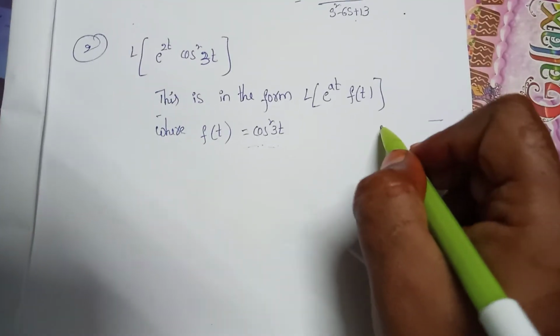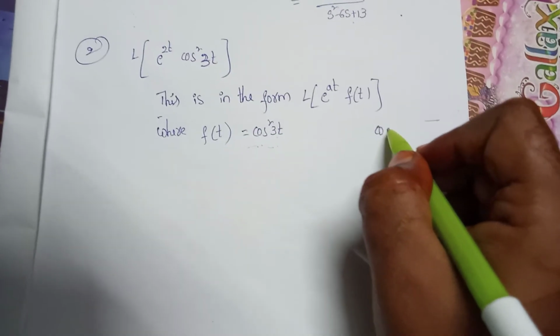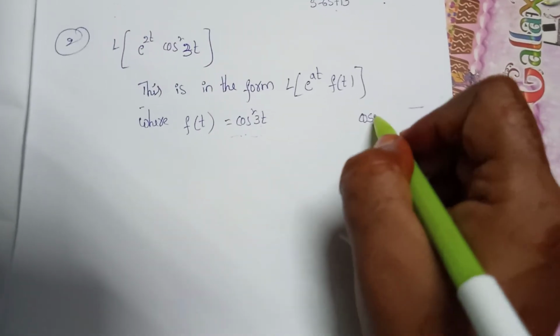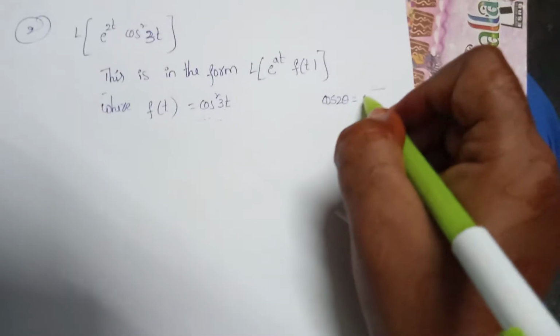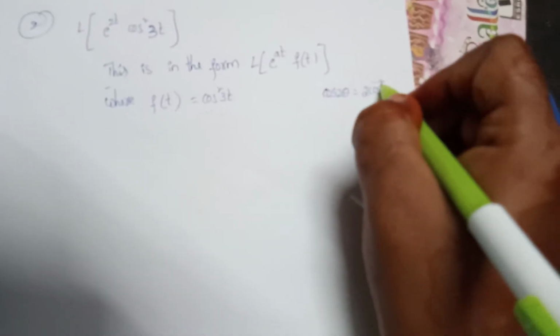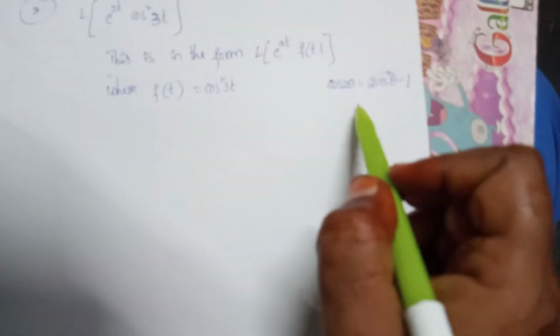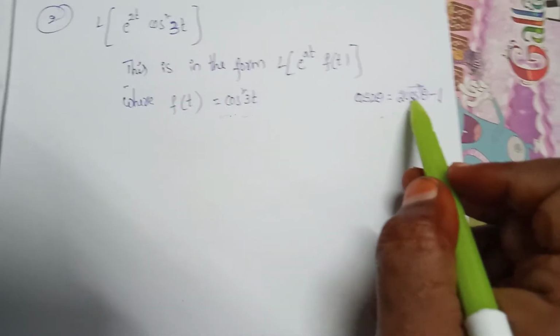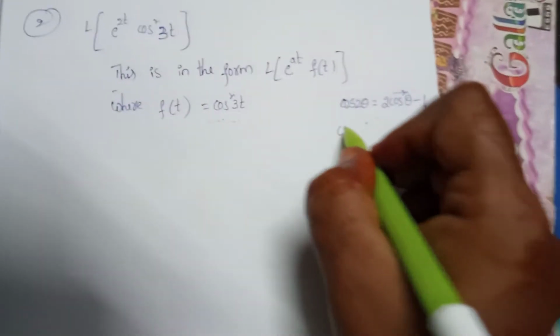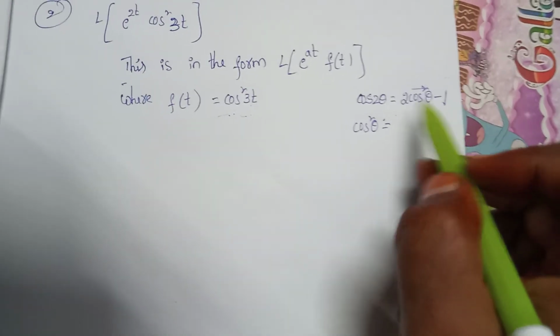We know the cos 2 theta formula: 2 cos square theta minus 1. Using that formula we can find cos square theta. Taking 1 to the left side, cos square theta is 1 plus cos 2 theta, divided by 2.